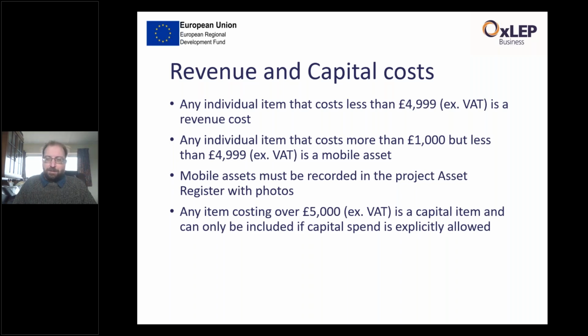So you might buy a particularly expensive laptop, never a particularly good example, but a reasonable example of a mobile asset that could easily cost somewhere between £1,000 and £4,999. It will be an item of revenue expenditure, but as a mobile asset, the same as a fixed asset, they will need to be reported to us and recorded in the project's asset register.